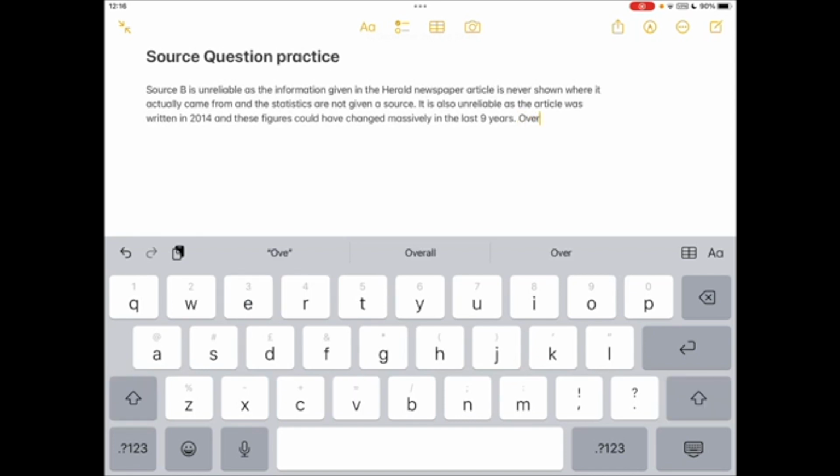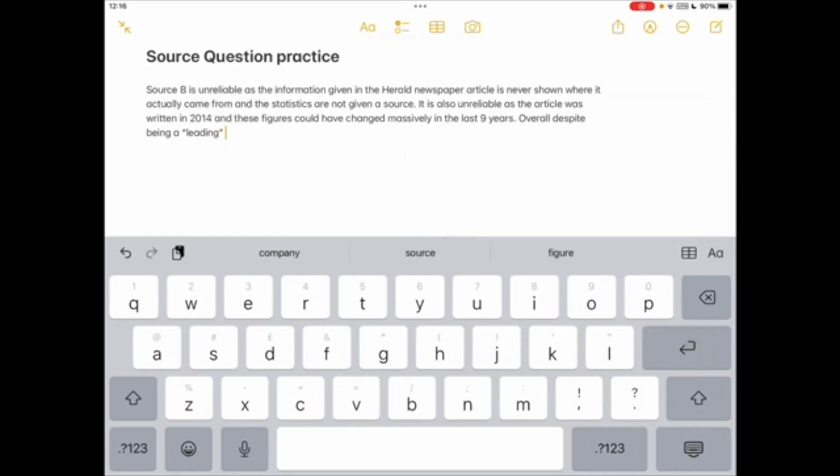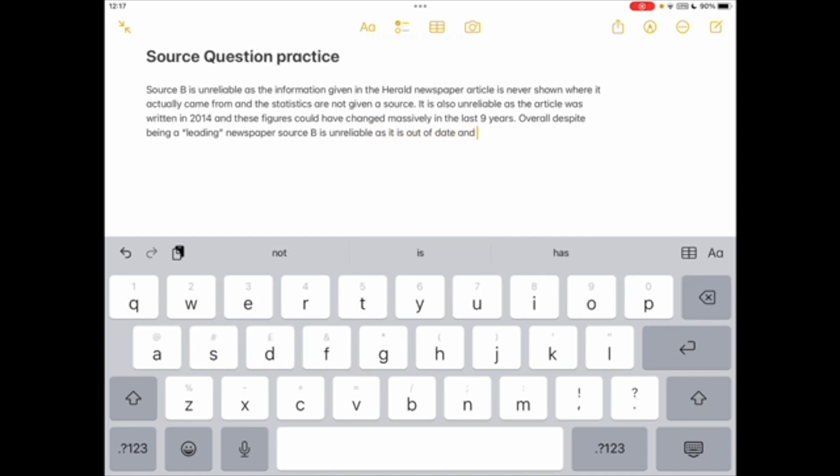Then overall, despite being a leading newspaper, that's what it says in the actual source, so we quote it, Source B is unreliable as it is out of date and doesn't reveal where the information comes from.